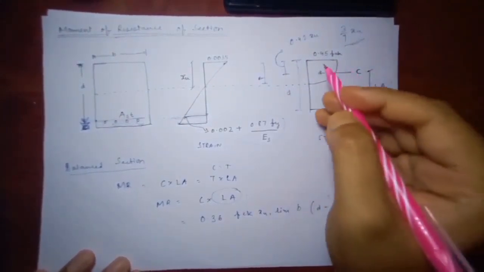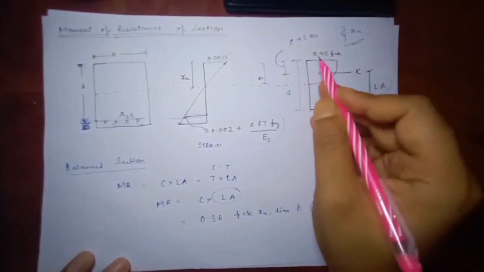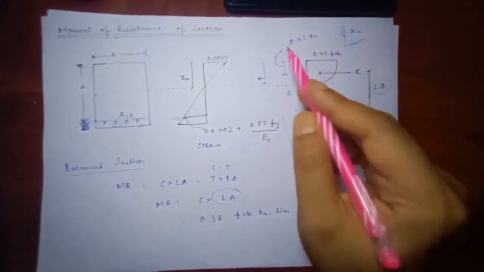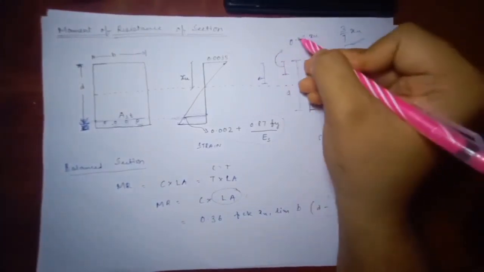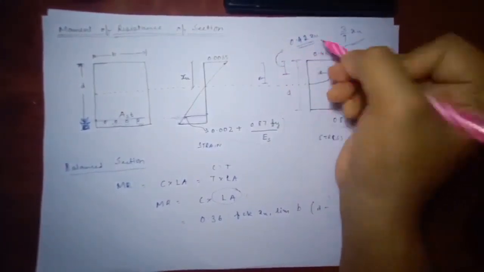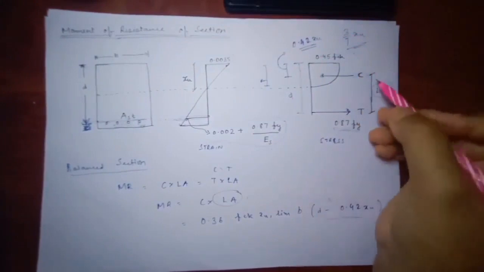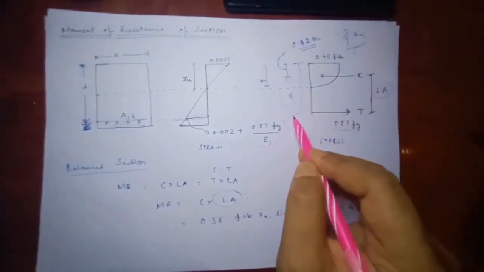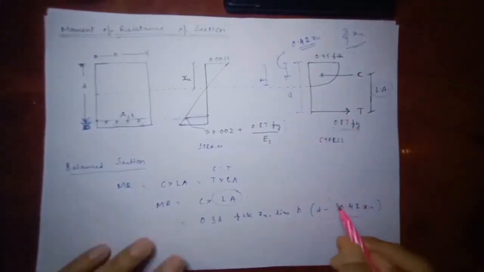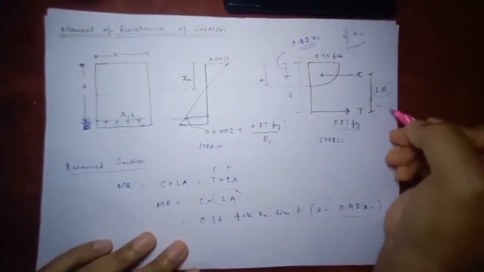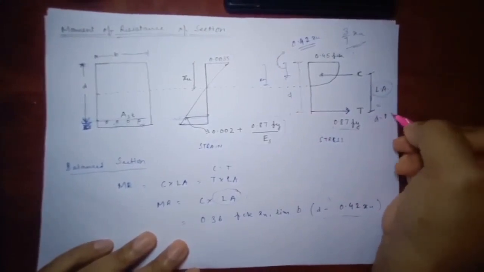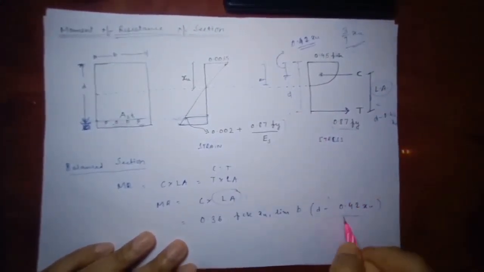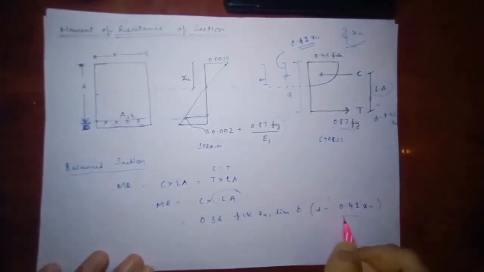This is 3/7 of XU, and that is equal to 0.42 XU, and thus I can say that this thing is d minus 0.42 XU. So I will write lever arm is equal to d minus 0.42 XU, and I can replace it over here.